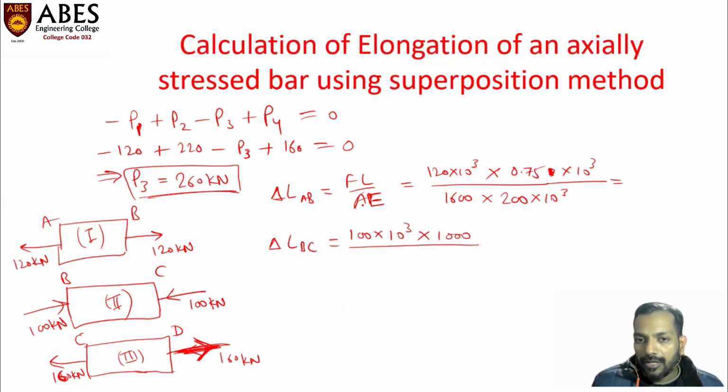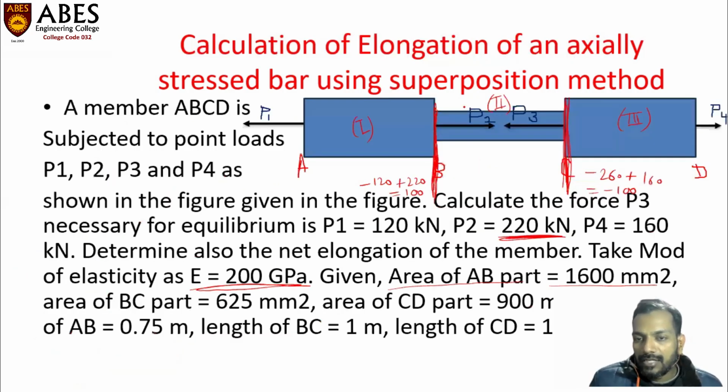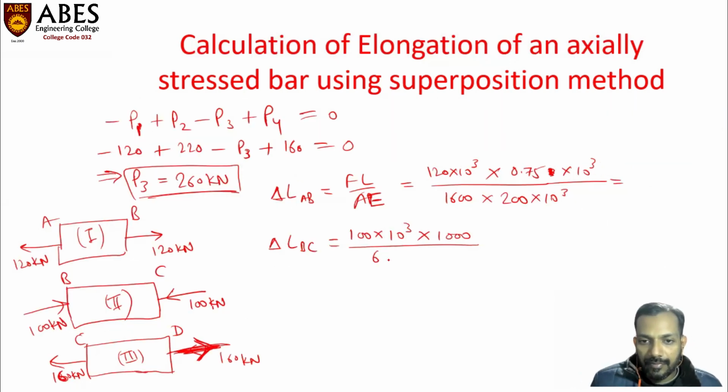What is the area of the central portion? Area of the central portion, BC part, is 625 millimeter square, into E. Gigapascal has been converted into megapascal. So this is the contraction of the central portion BC, and it should be negative. I'm writing this value with a minus sign.